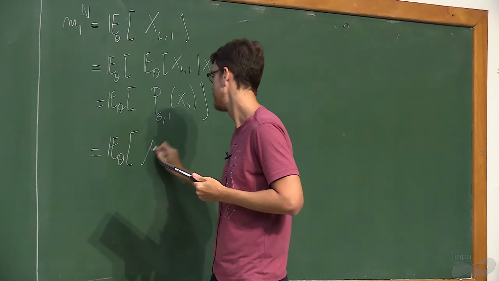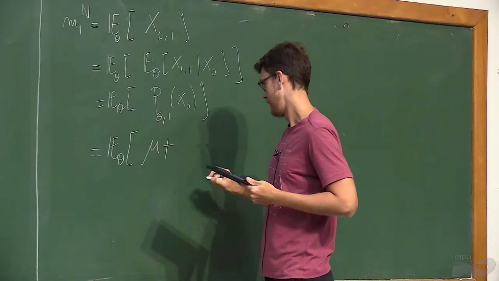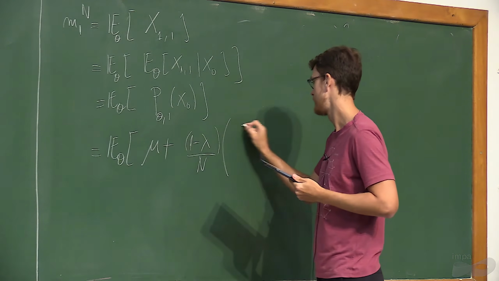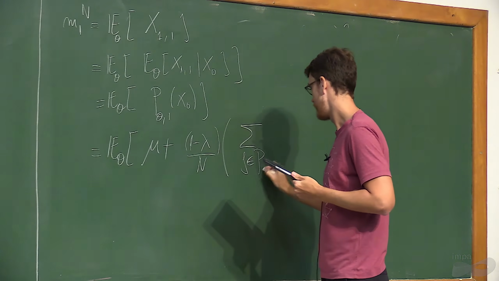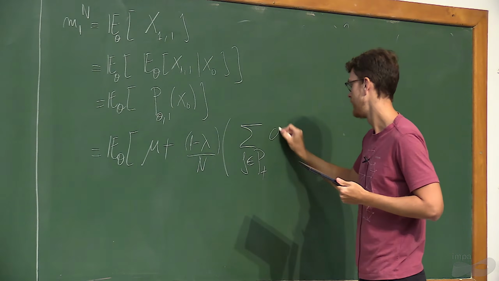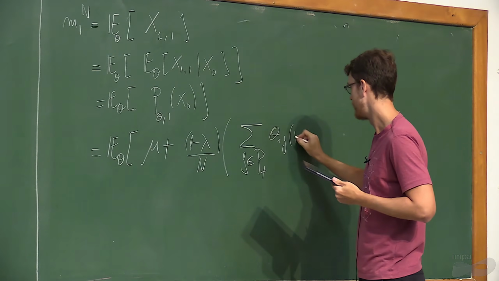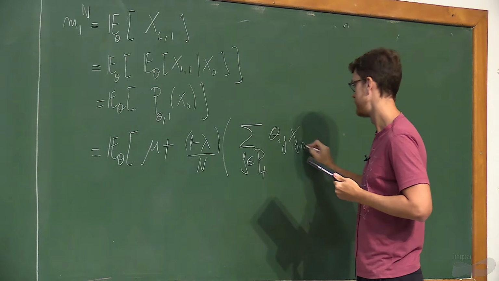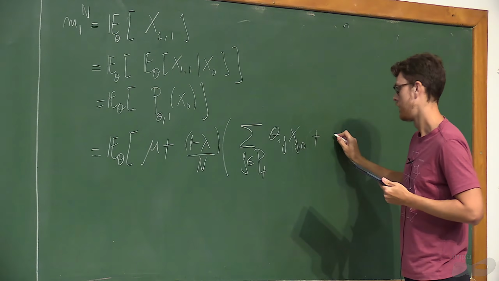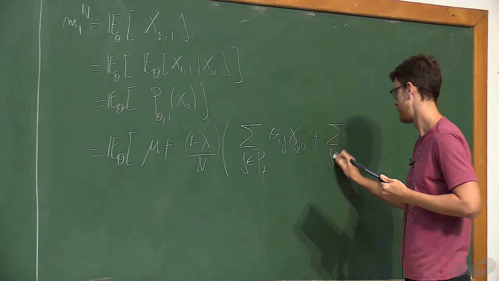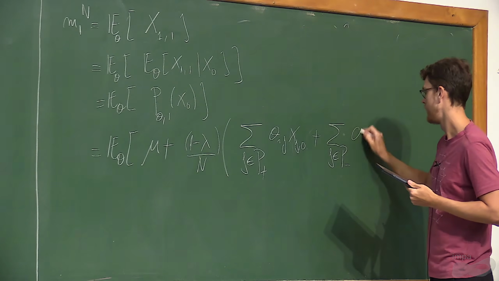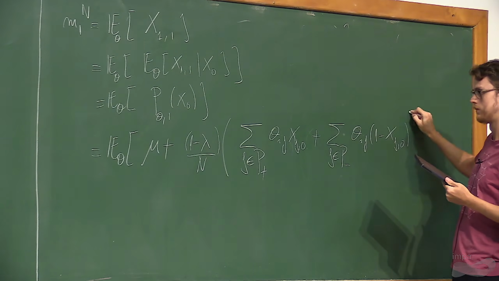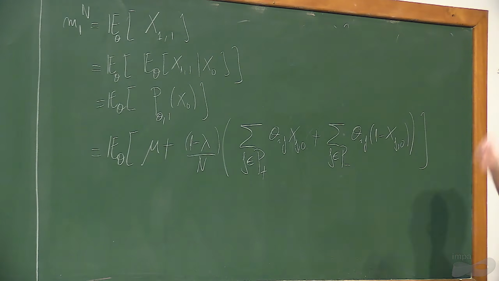So this is mu plus 1 minus lambda divided by n, sum over the j's which are in the excitatory set, theta ij, 1 minus xj0, plus the guys which are in the inhibitory set, theta ij, 1 minus... well, this is the formula, right?